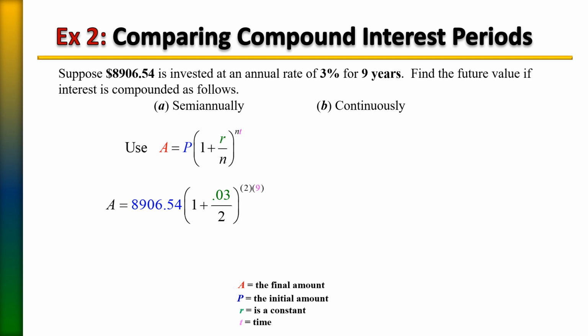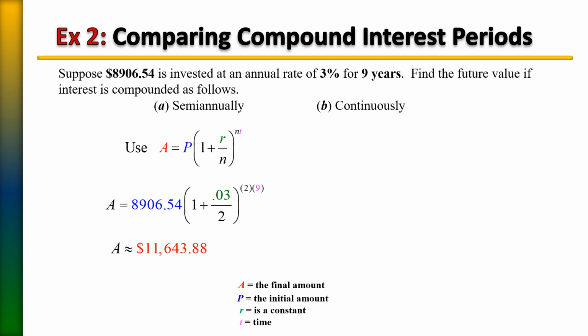If you don't have a fraction key, type 0.03 divided by 2, close parentheses. Then you can either type 2 times 9 and press enter, or press 18 and enter. Either way, the calculator will do the calculations for you. That is how much will be in there after 9 years.